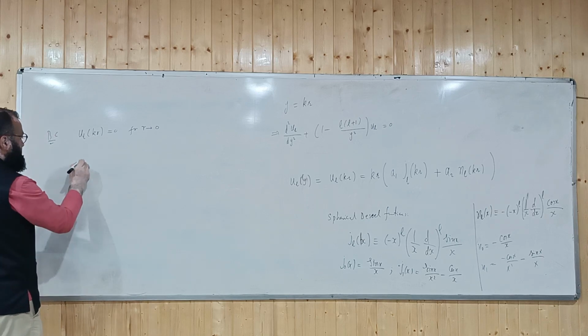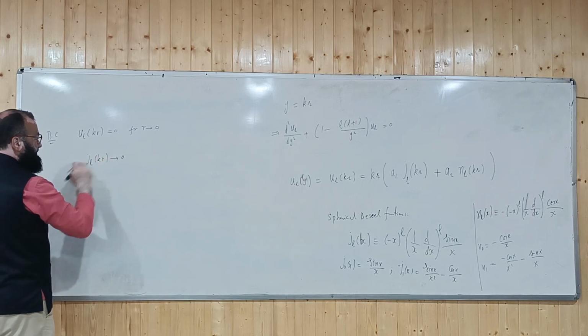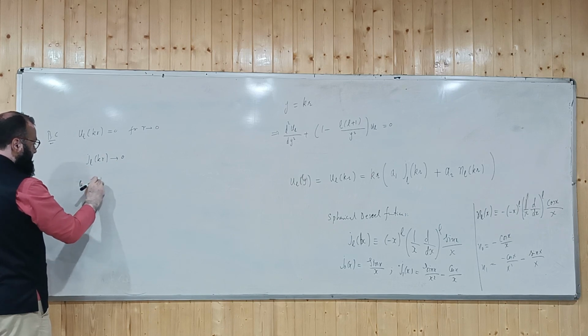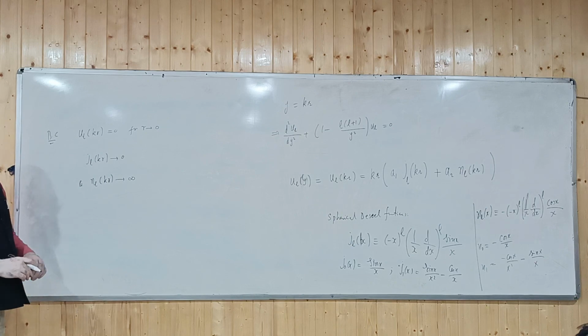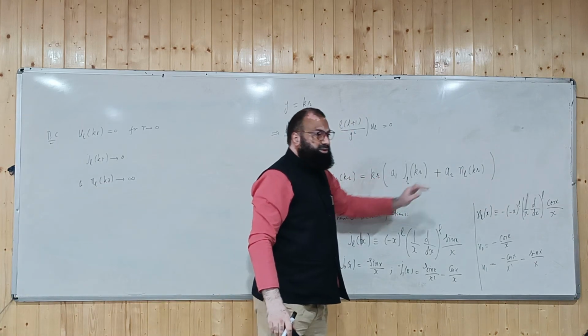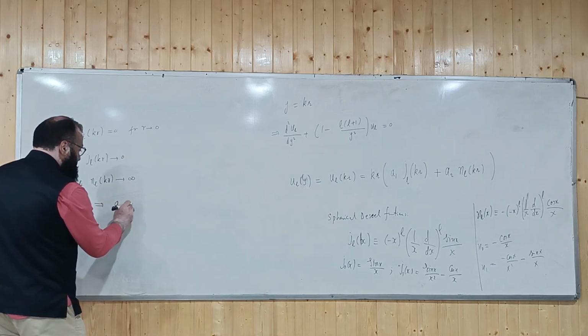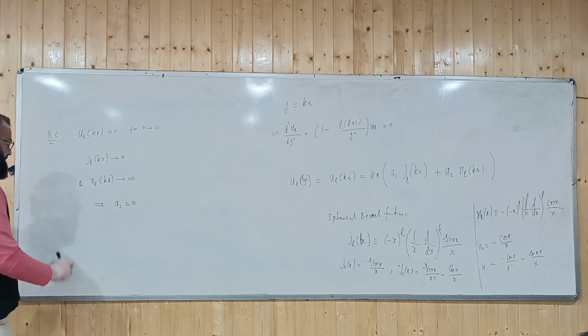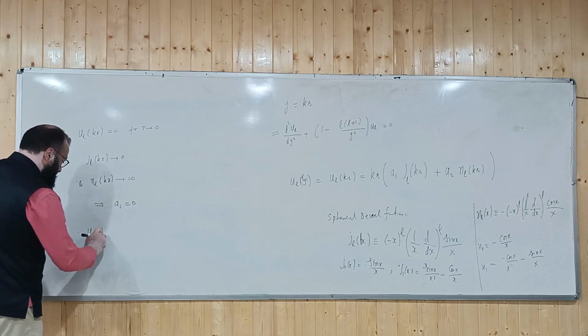So my j_l(kr) tends to 0 in this limit, and n_l(kr) diverges. Got it? So that means this term does not go to 0. Then what you do? You put a2 equal to 0. Therefore our solution is u_l(kr).